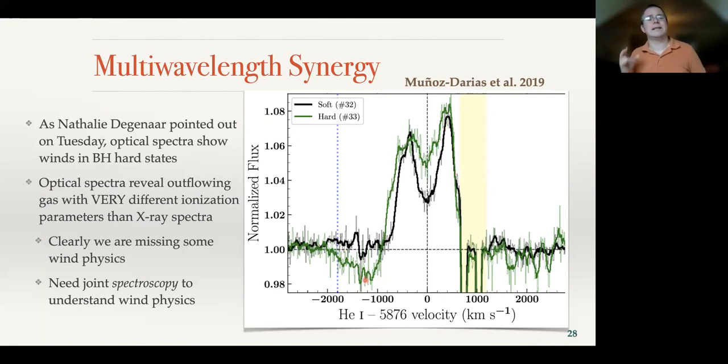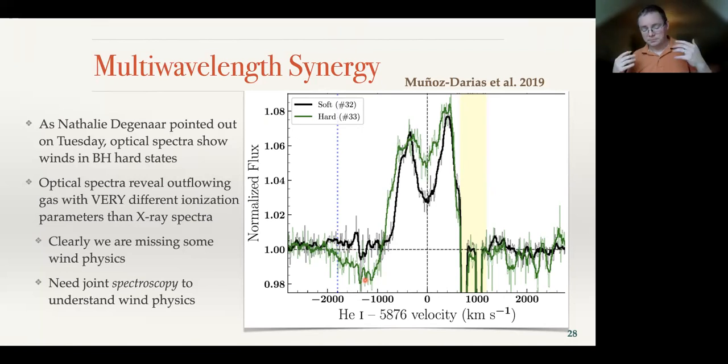What's interesting about this is that optical spectra show us very, very different ionization states in the gas than the X-ray spectra. So in hard states, we're clearly missing something about the physics of winds, and the fact that we have such a huge range in ionization in this gas. We're not taking advantage of that. That's information that we need to make better use of.